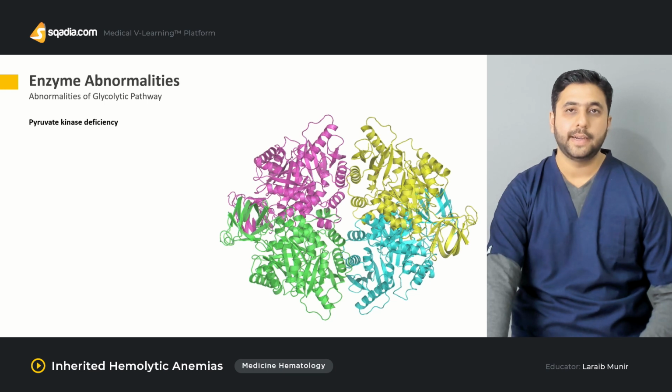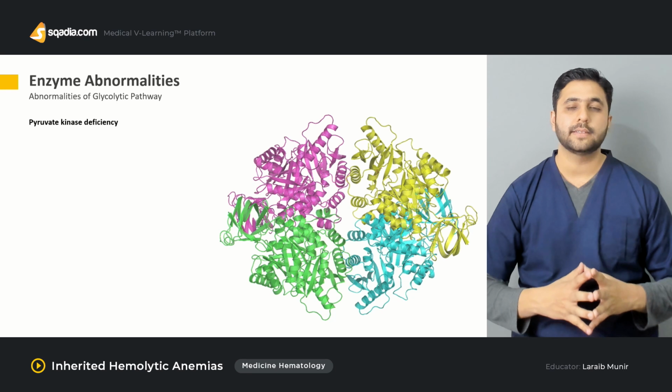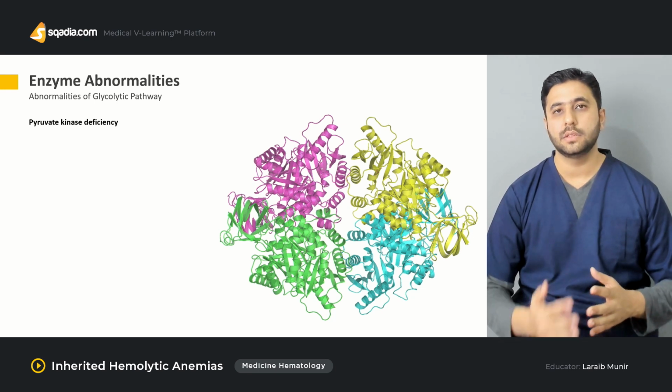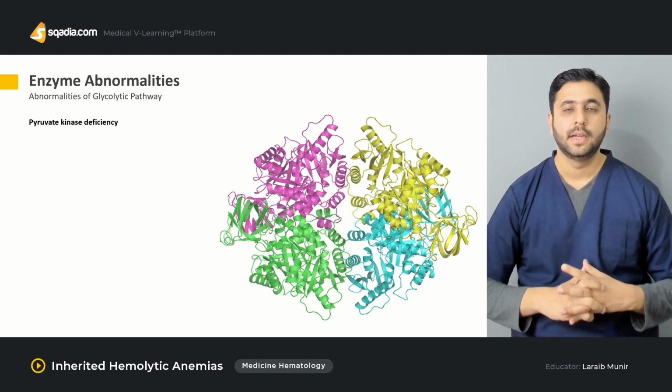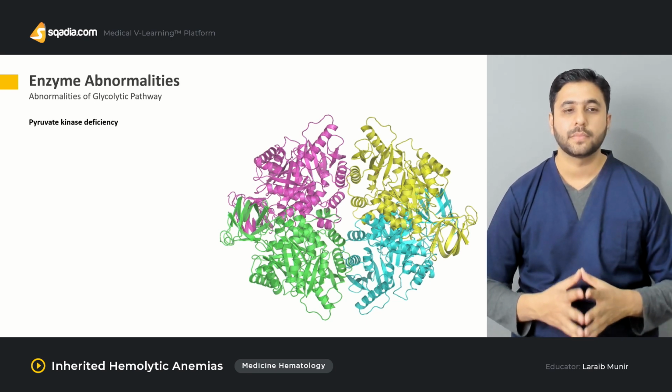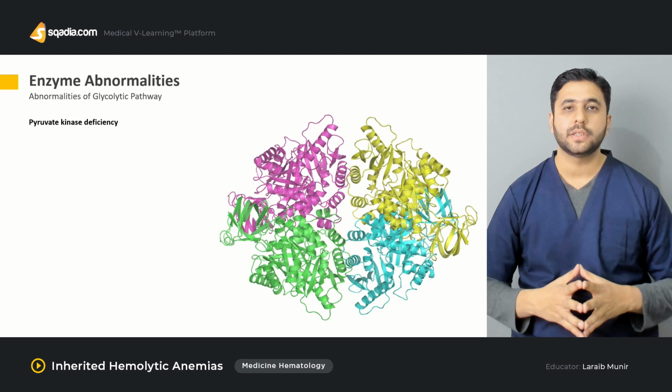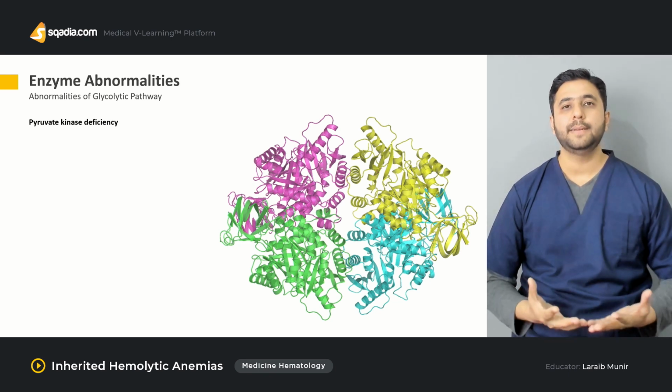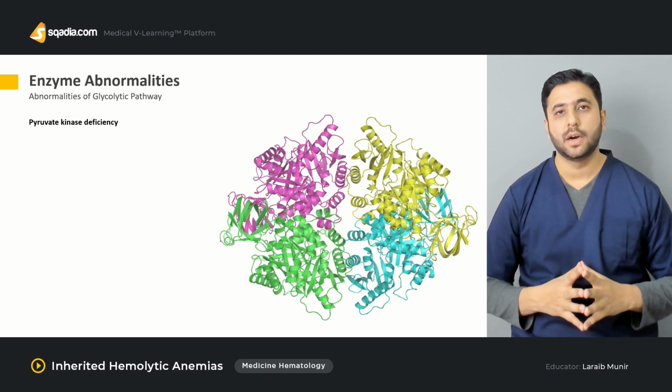Now let's start off by discussing pyruvate kinase deficiency. As we saw, pyruvate kinase catalyzes the last step of glycolysis, in which there is formation of ATPs. The phosphoenolpyruvate is converted to pyruvate. If there is a pyruvate kinase deficiency, there is a deficiency of the generation of ATPs. And ATPs are very important for the overall integrity of the RBCs.